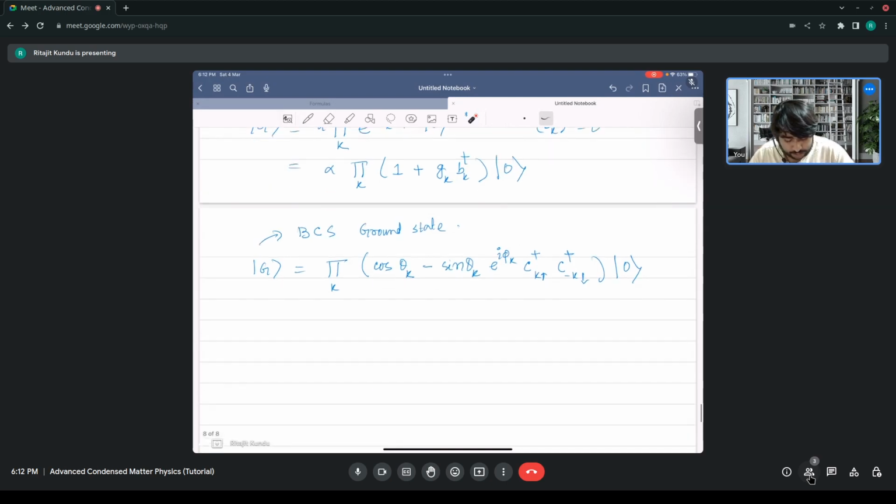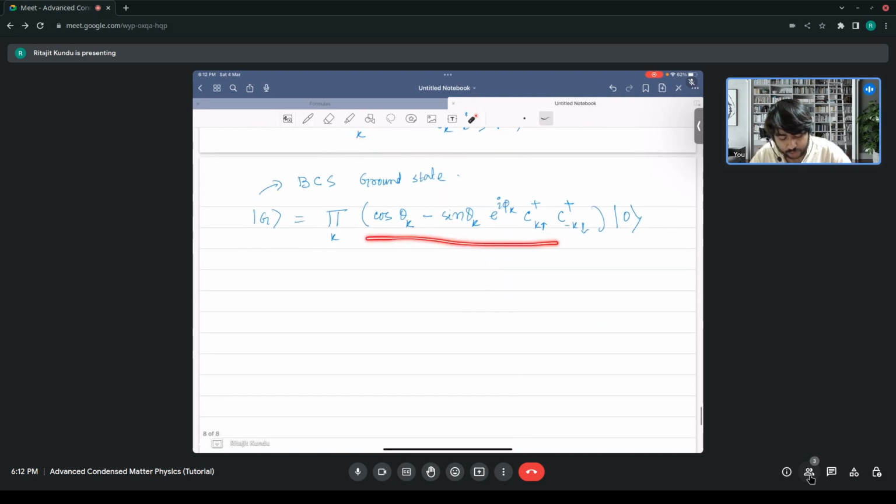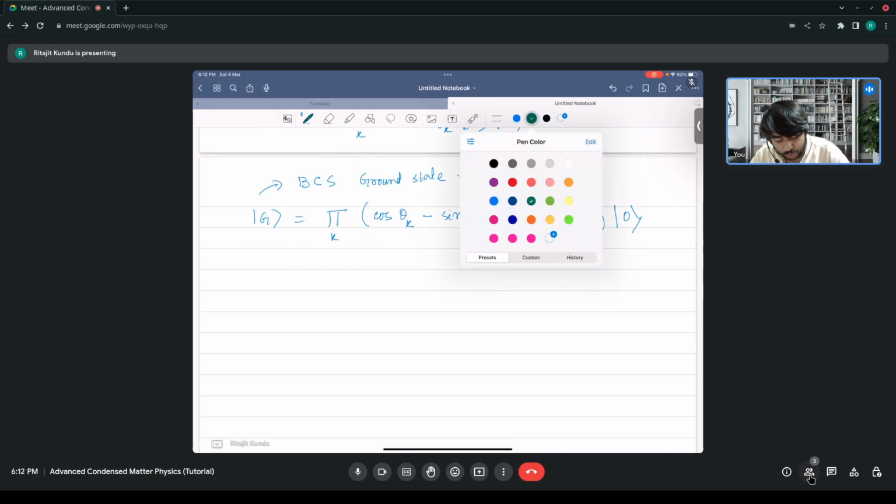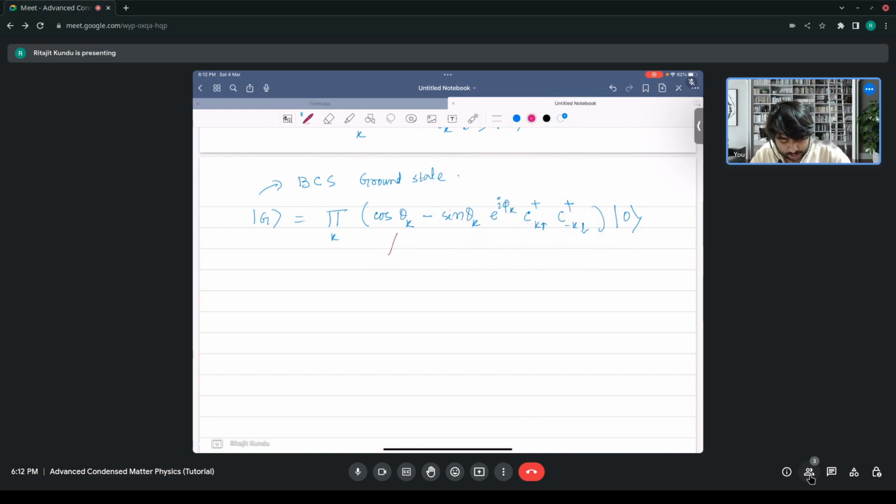Now one can think about this ground state in more detail. What does this operator actually do? You will basically see that there are two terms in this thing.